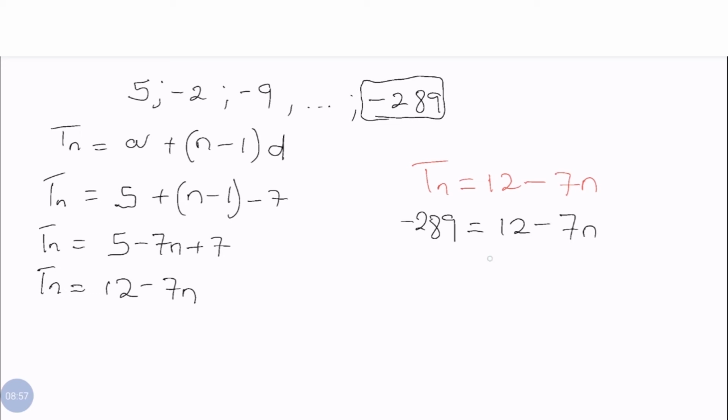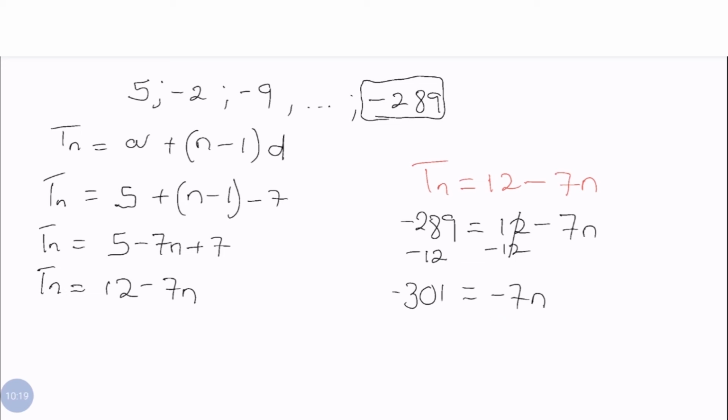We subtract 12 on both sides, and the 12 cancels. -289 minus 12 gives -301, equal to -7n.